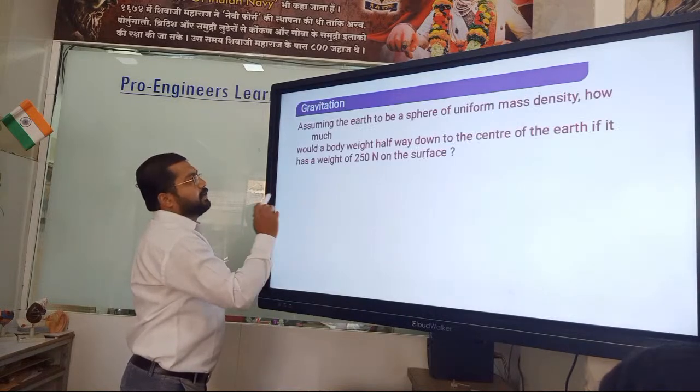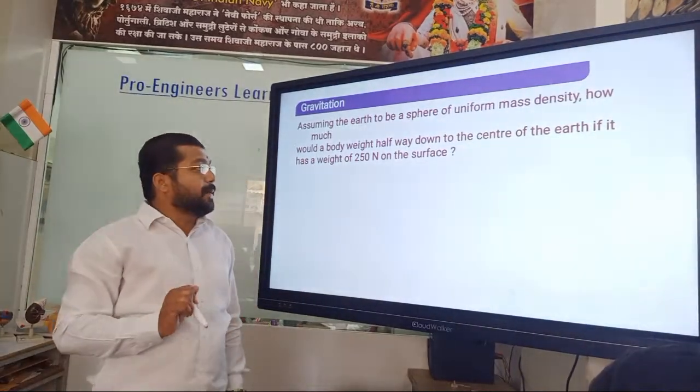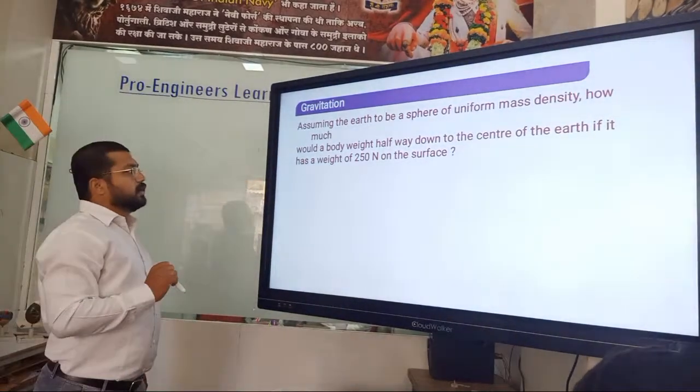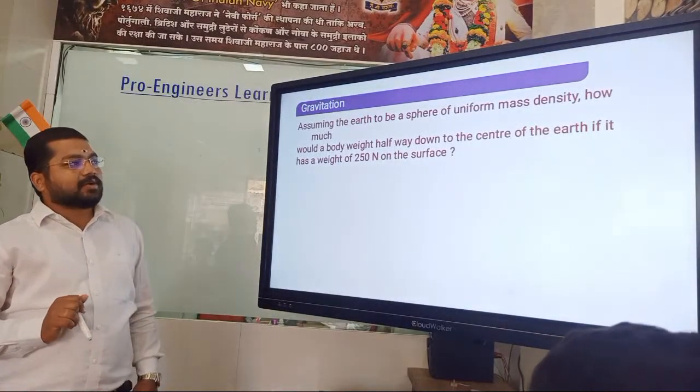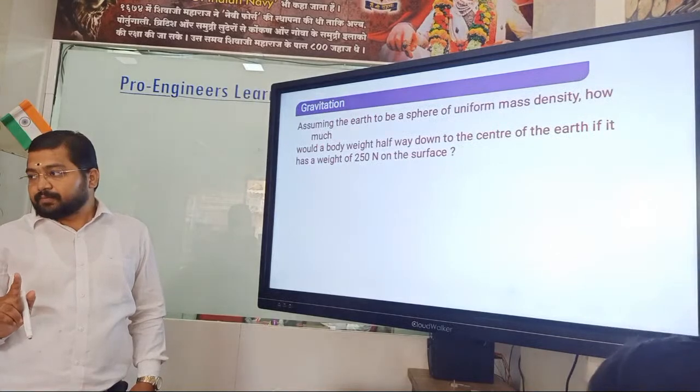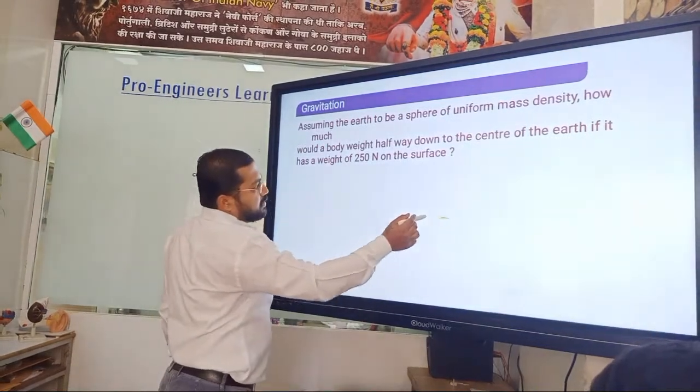Now numerical: assuming the earth to be a sphere of uniform mass density, how much would a body weigh halfway down to the center of the earth if it has a weight of 250 Newton on the surface?